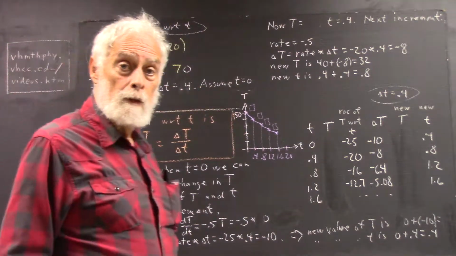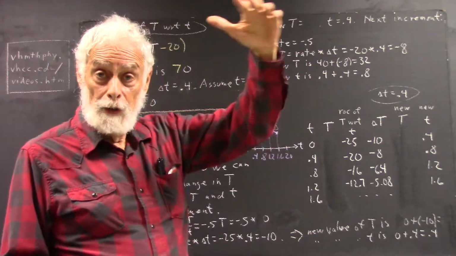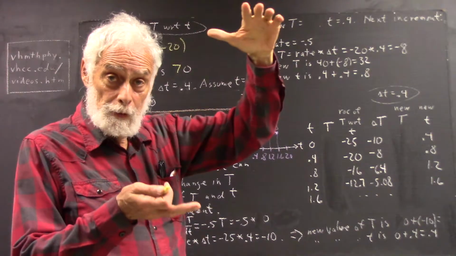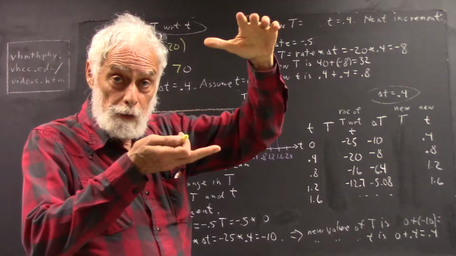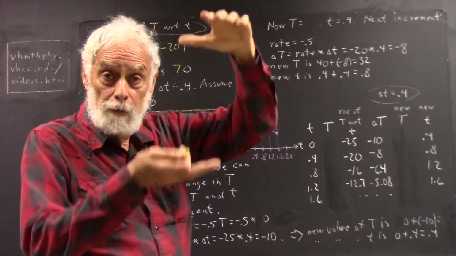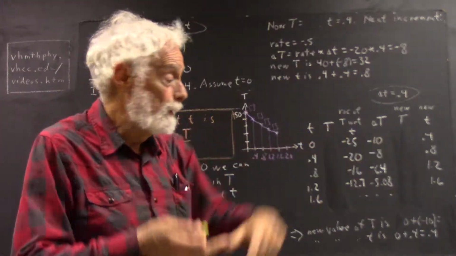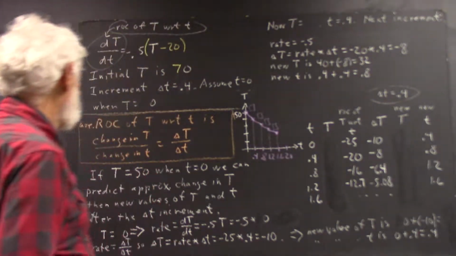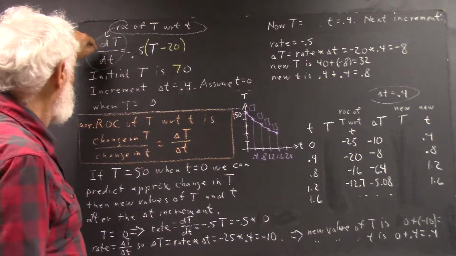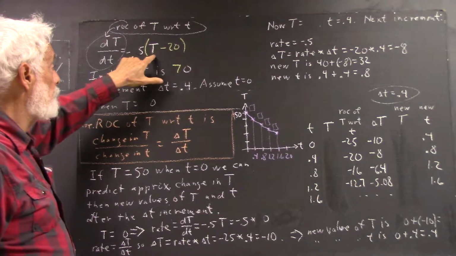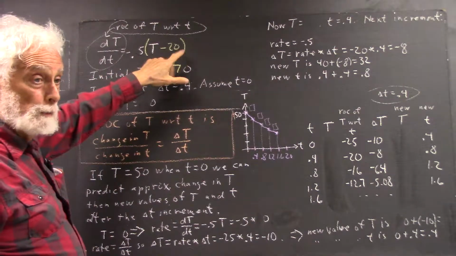So, for example, if the object starts at 70 degrees and the room temperature is 20 degrees, the difference is 50 degrees, and that 50 degree difference is what drives the temperature change. So our rate of change is going to be big T minus 20, because now we're in a room at 20 degrees.